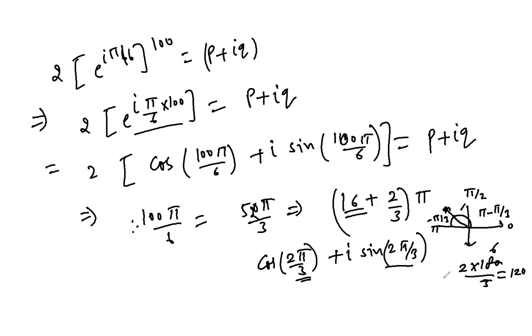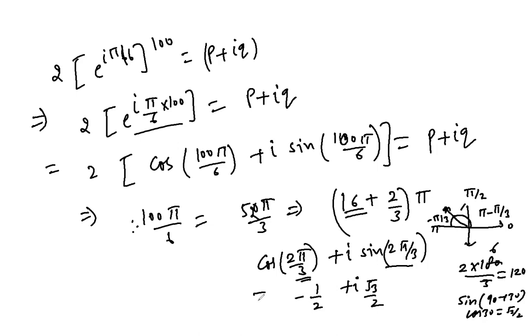Okay, now at 120, the value of the sine is equal to, let's say, sine of 90 plus 30, which is equal to cos 30, and cos 30 is simply equal to root 3 by 2. So here you have plus iota root 3 by 2, and on this side for the cos 30 you will have 1 by 2 with the negative sign.